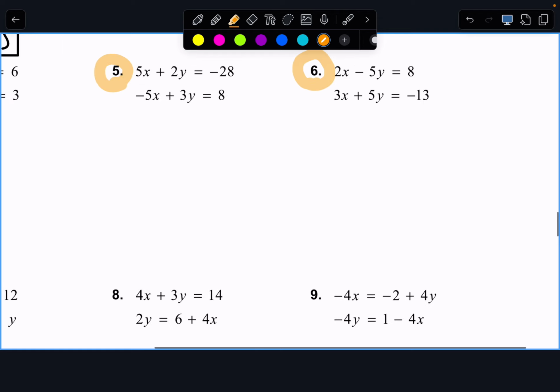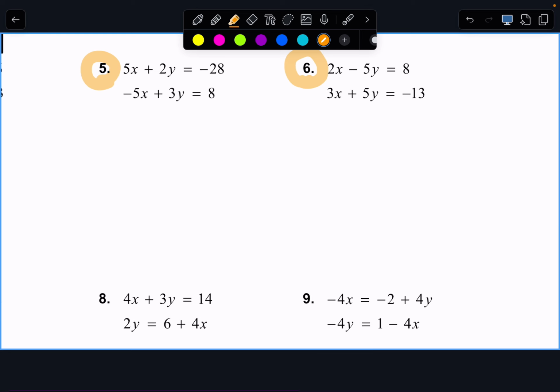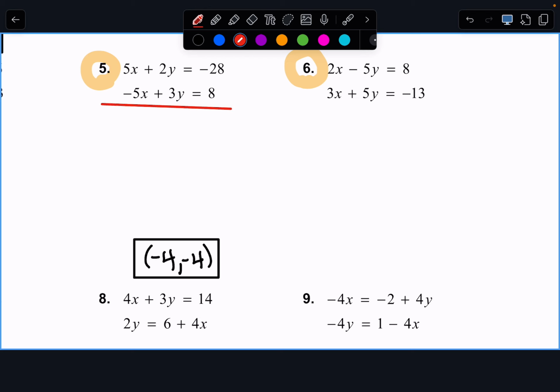Okay, we're going to go ahead and go over number 5. Aubrey, what'd you get for a solution for number 5? -4, -4. Okay. So if we add these together, we get 5y equals -20.